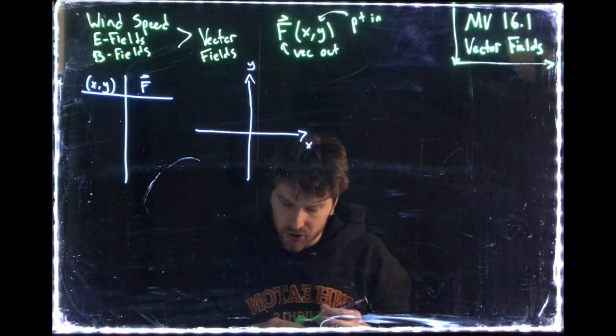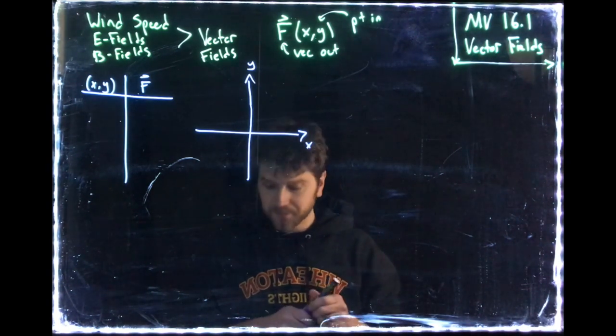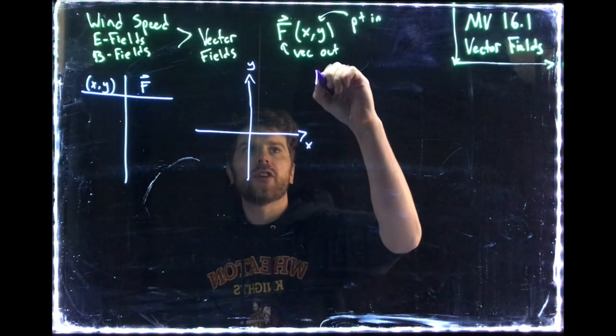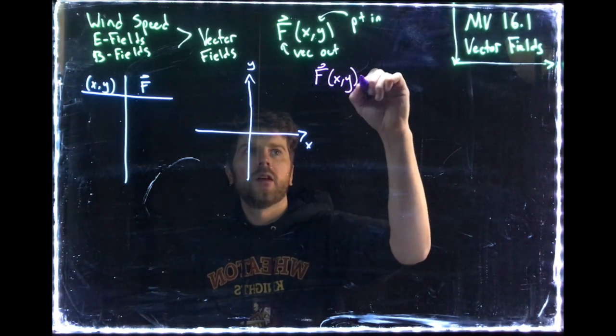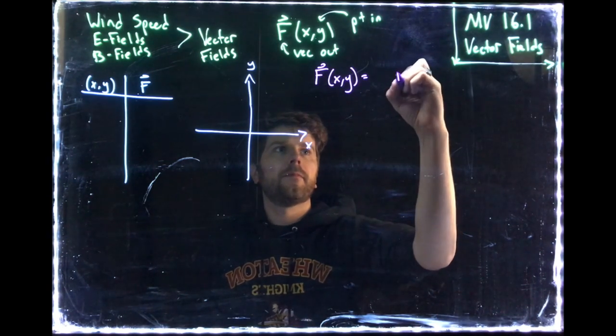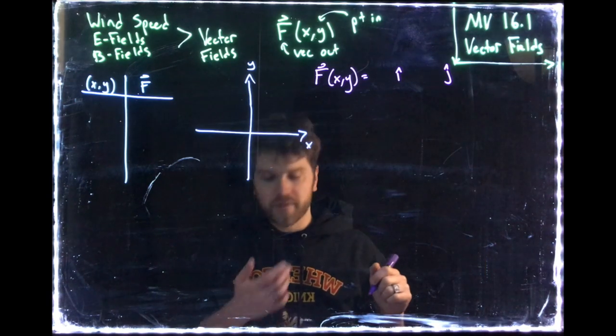So we're going to be talking a lot about vector fields, and we're going to start in 2D. The way that we deal with these in 2D is we say that this function, f of x, y, has got to have an i hat component and a j hat component. In general, these can vary in different ways.